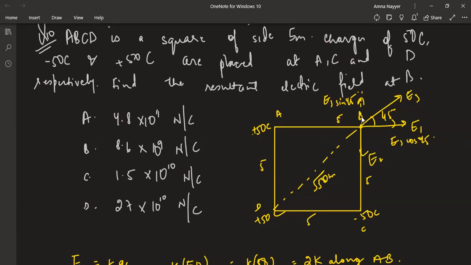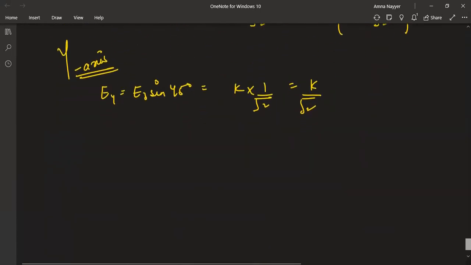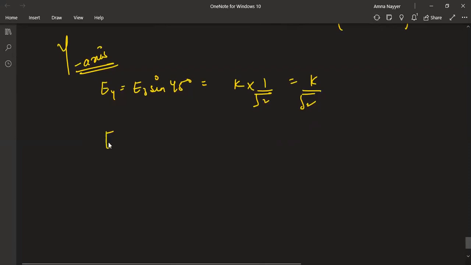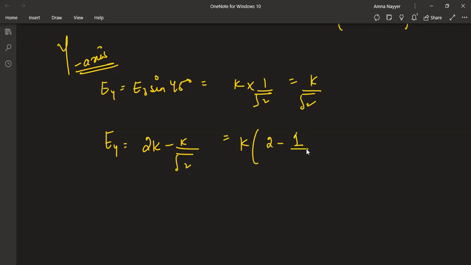So we added. But here E3 sine 45 and E2 are acting in opposite direction. So what we'll do, we'll subtract it. So net EY will be 2K minus K by root 2. So this will be equal to K into 2 minus 1 by root 2.